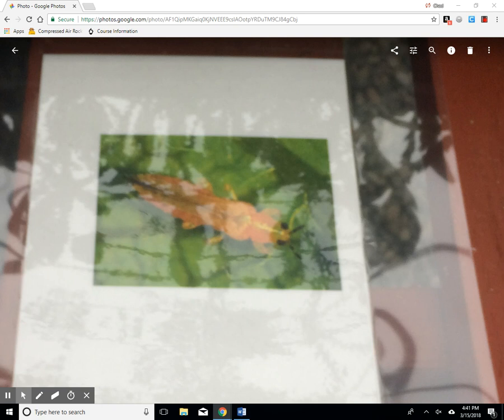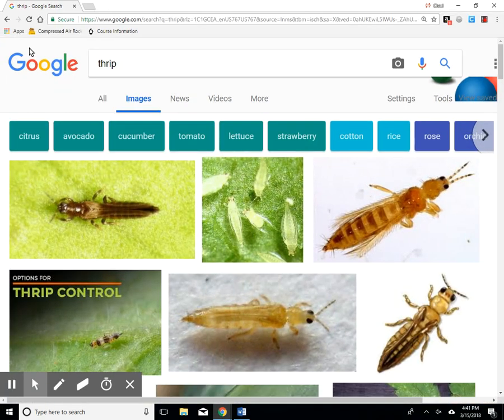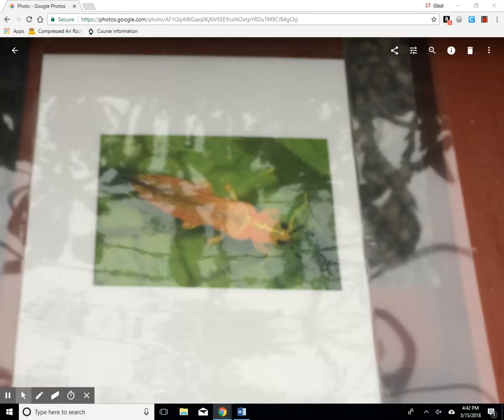We'll need to get you guys a link to something that goes over these a little bit. So this is, I believe, a type of thrip. Do you think that looks like these? Yeah. These long little bugs are called thrips. And once again, they are teeny tiny as you look at them.